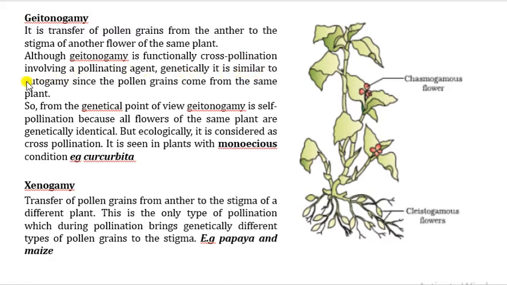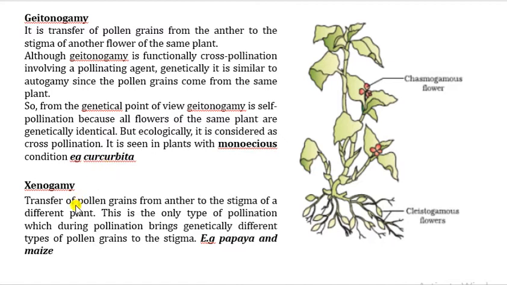Genetically, it is similar to autogamy, that is self-pollination, because the pollen grains come from the same plant. From the genetic point of view, geitonogamy is self-pollination because all flowers of the same plant are genetically identical. But ecologically, it is considered cross-pollination. Geitonogamy is seen in plants with monoecious conditions. For example, in Cucurbita, geitonogamy takes place.